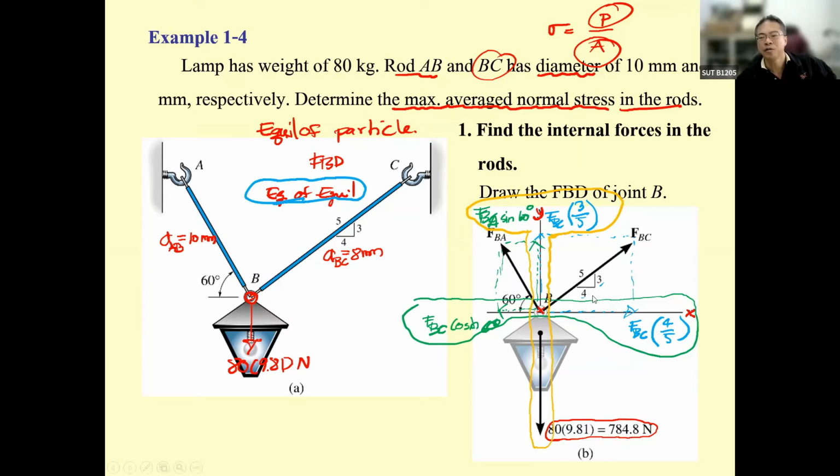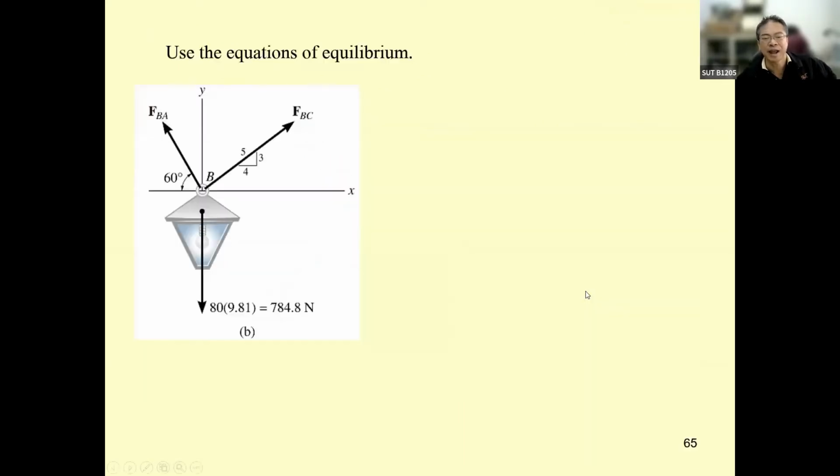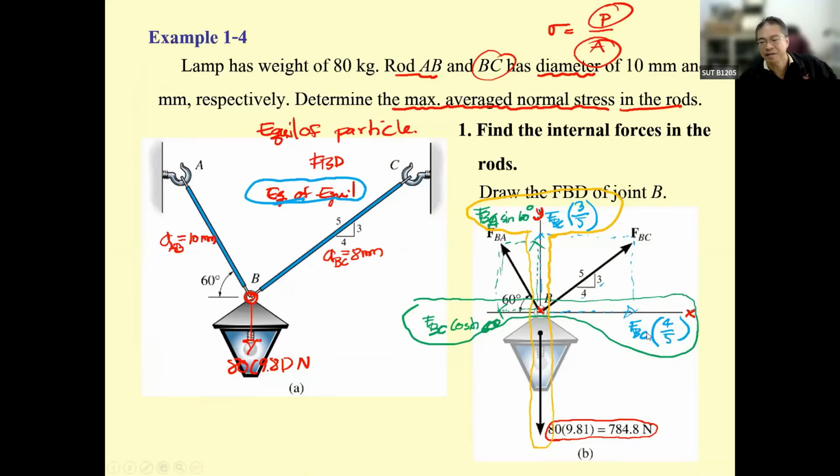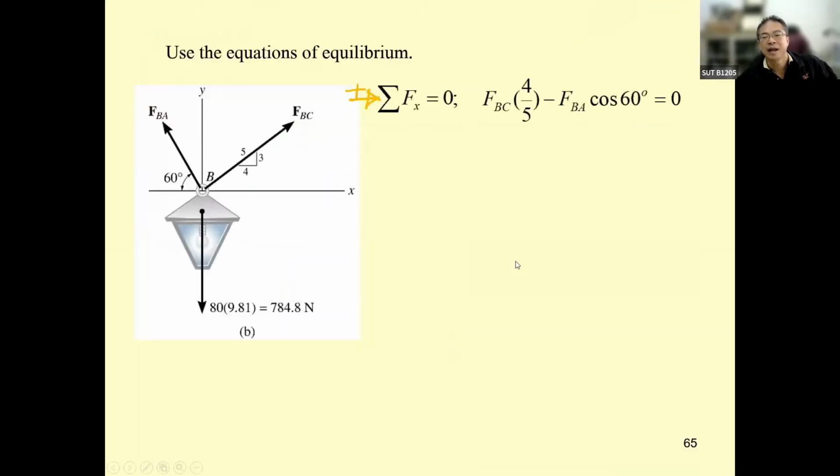So depending on you going to use summation of F sub x equal to 0, if you push this one in this direction to be positive, F sub BC times 4/5 is positive. F sub BA cosine 60 degree is going to be negative. So you cannot solve this equation yet. You can get the ratio between them.